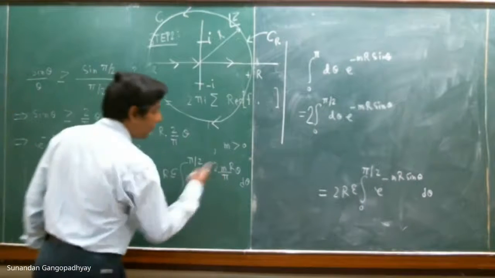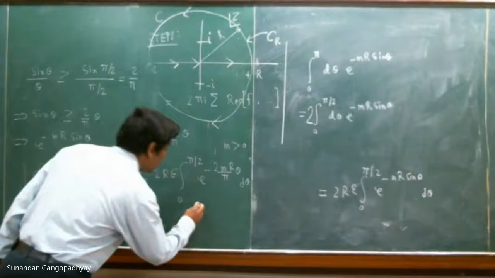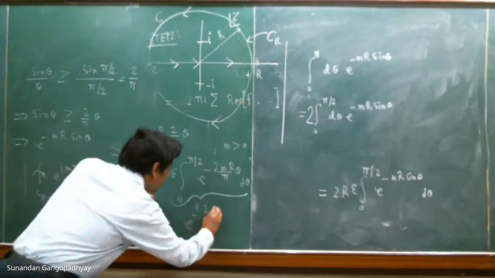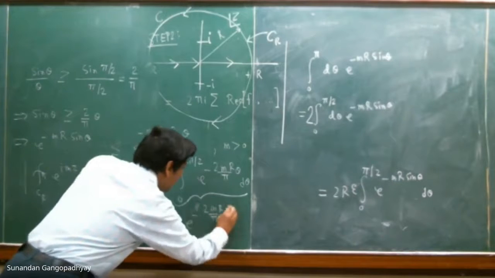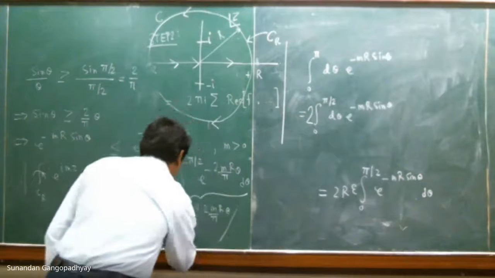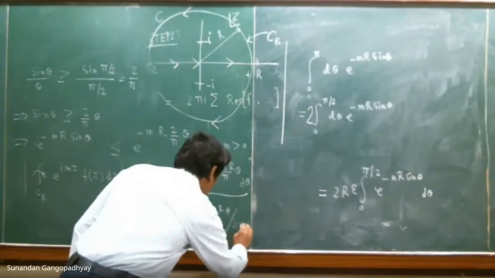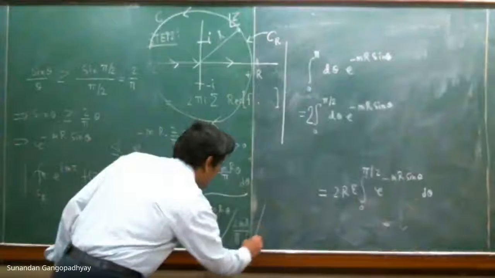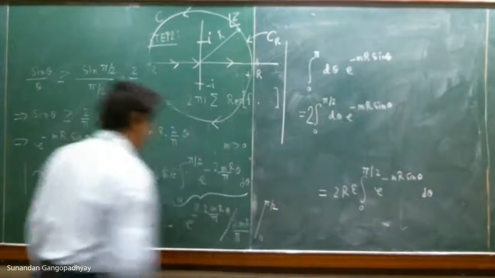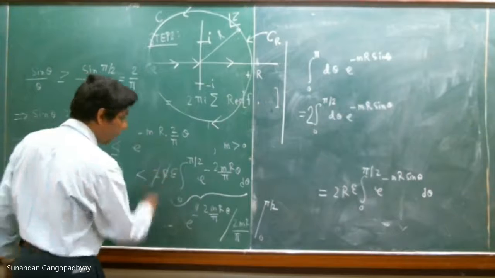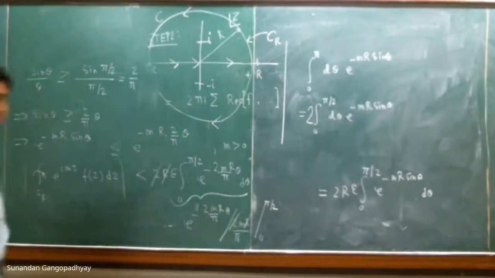But this integral you can do it exactly, right? E to the power of minus 2mr by pi theta divided by minus, you will have a minus sign, 2mr by pi. And that we have to evaluate from 0 to pi by 2. So what we find is that 2r, the r cancels.